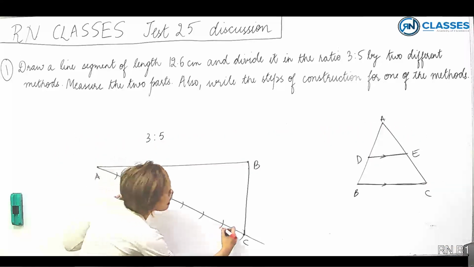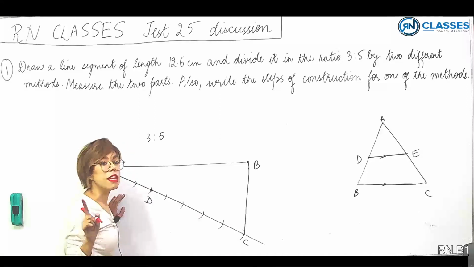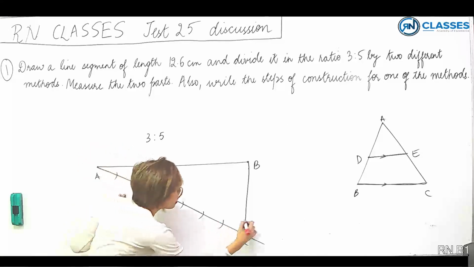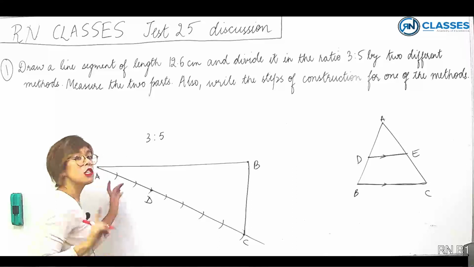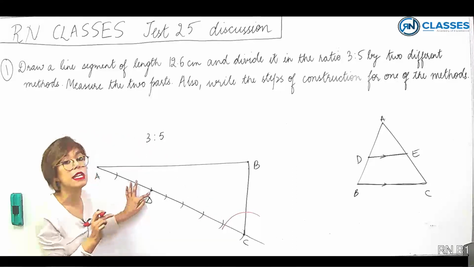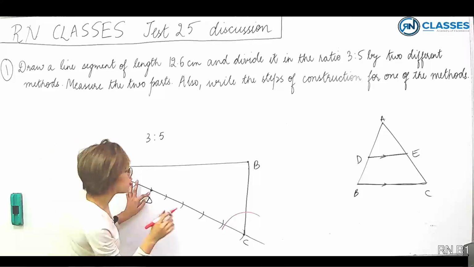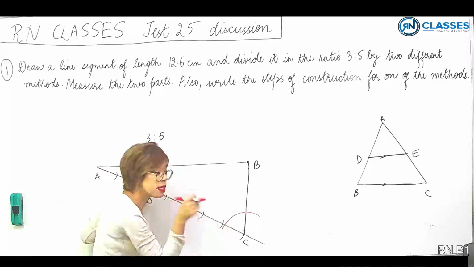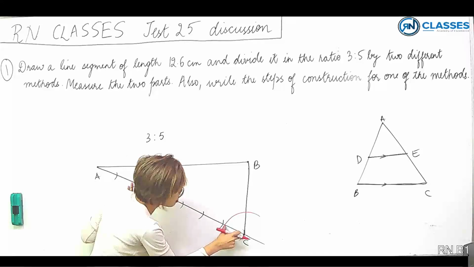Now we know that corresponding angles in the case of parallel lines are equal. So this angle will be equal to this angle. So what I'll do is construct the same angle here at the point D. Now how do I construct that? First of all, I'll keep the pointed end of my compass here at C and measure this distance.